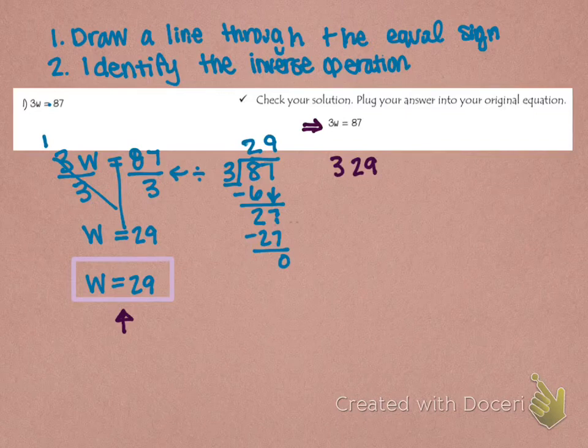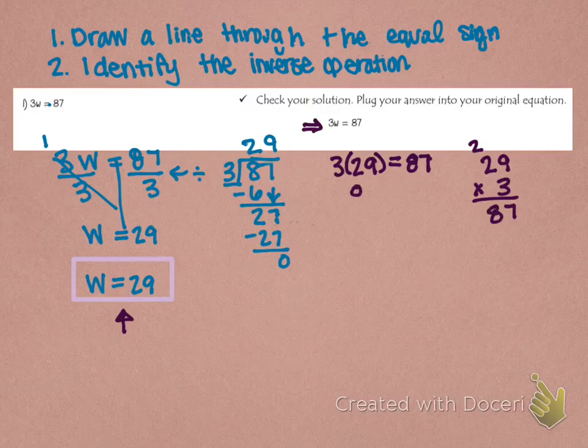Remember, if we're inserting into a multiplication problem, we're going to put that in parentheses, equals 87. So let's check that. 29 times 3. 9 times 3 is 27. 2 times 3 is 6, plus 2 is 8, and that is correct. 87 equals 87. That is true.